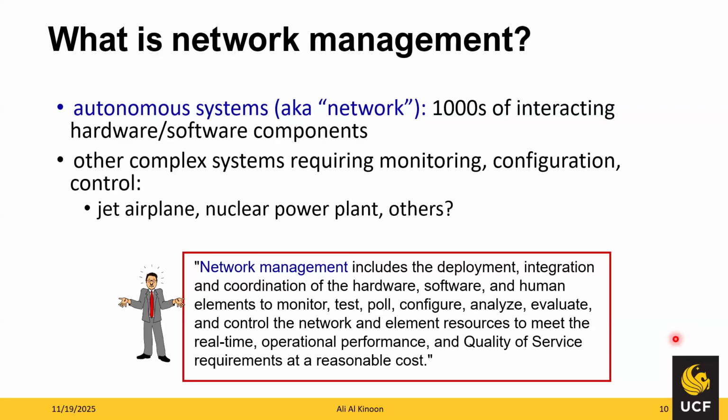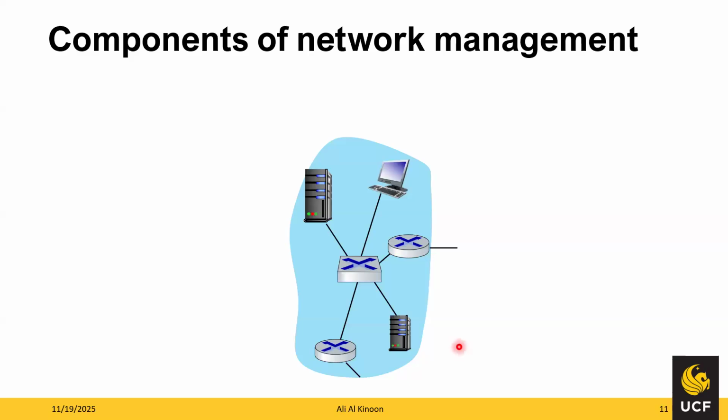So the goal obviously is going to be to maintain the best throughput, the best performance or quality of the given network while keeping operational costs as low as possible. So there are going to be three main components that are going to be involved in network management.